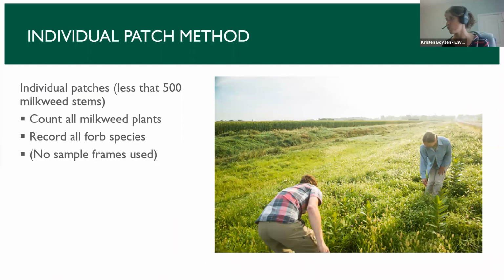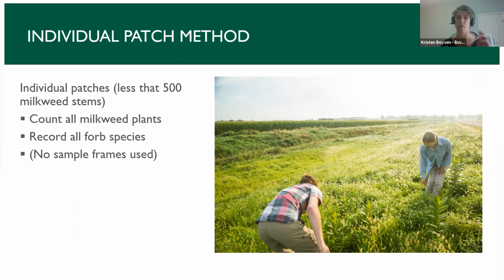So for the individual patch method, if it's less than 500 milkweed stems and an area you can see pretty close to each other, it's not going to take that long. You can't really imagine how you would fit 10 transects in it. You forego the frames altogether and you walk around your patch, you count all the milkweed plants, and you record all the forb species you see.